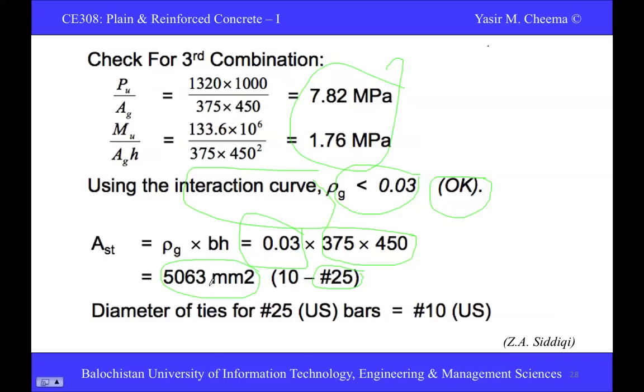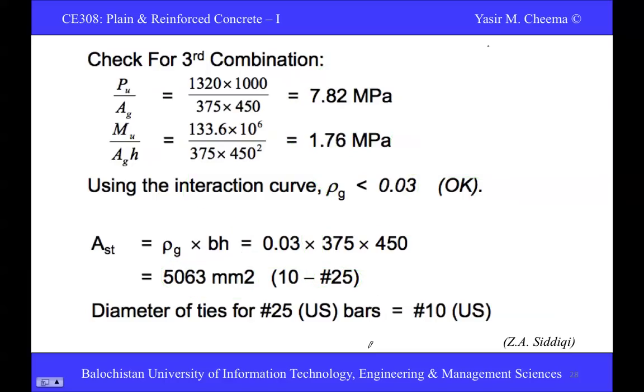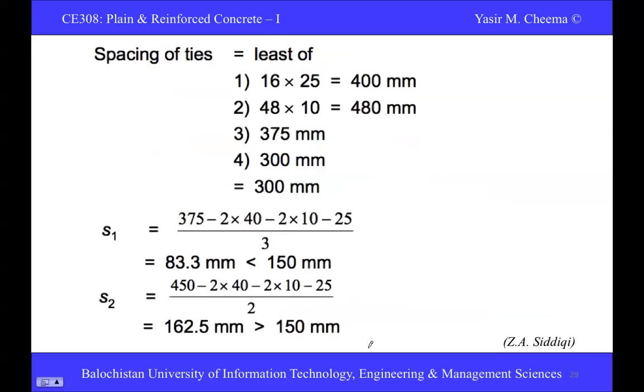Now we're going for the ties. So the diameter of ties for number 25 US size bars is the number 10 diameter. So normally we are using here number 10 diameter bars for the reinforced ties.